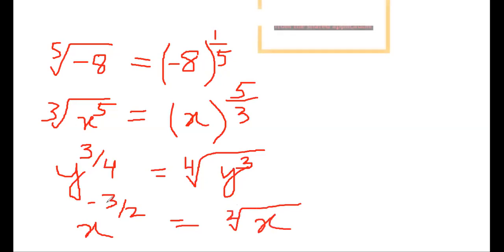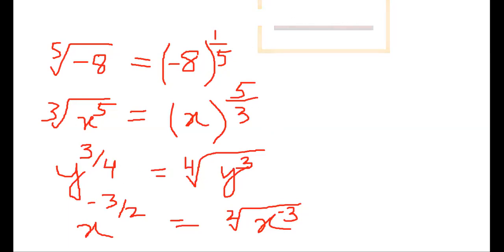The number minus 3, which is in the numerator, is the power of the radicand. So now we have learned how to convert a radical form into exponential form and an exponential form into a radical form. This is the vice versa.